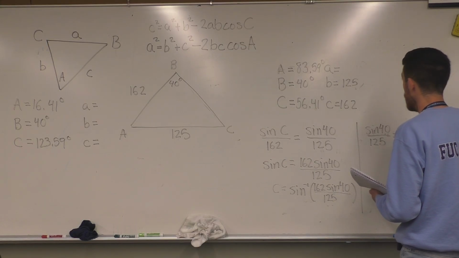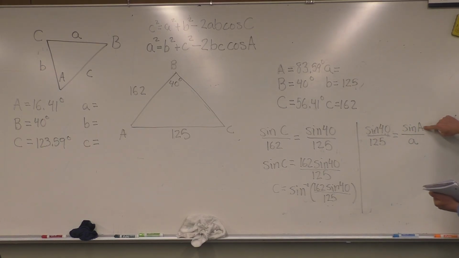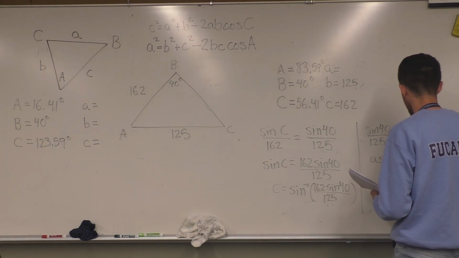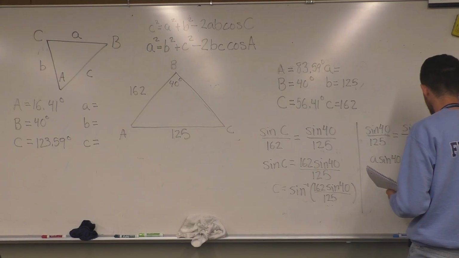I just don't want to teach you to round in the middle of the problem. But we know this number, right? And so cross multiplying, A sine of 40 equals 125 sine of A.